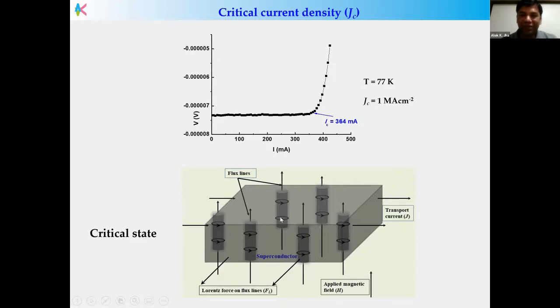If the vortices, or the so-called flux lines, move across the superconducting specimen, then there is the appearance of an electric field or voltage, and this will lead to dissipation. So we want to avoid it. We want these vortices to be located at their positions and not move, so that we can stop their motion and stop dissipation.